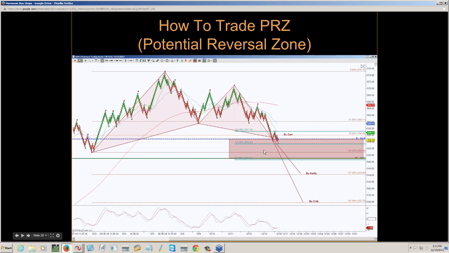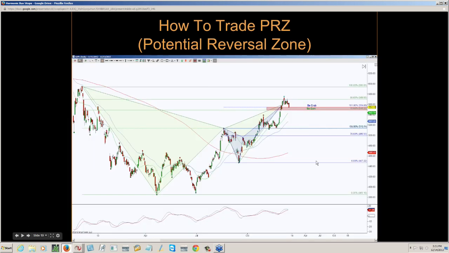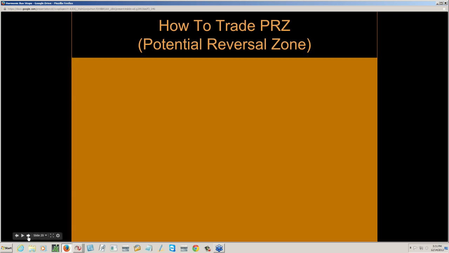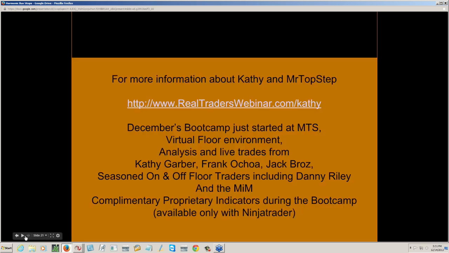If this brown pattern completes these extended targets, that is going to put price below the daily PRZ and go into a much bigger retracement. And 513.74 is going to be the next target to the downside of harmonic importance. Okay, and that's it for my presentation.